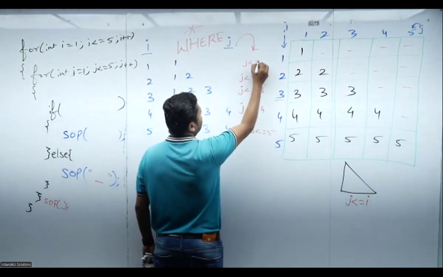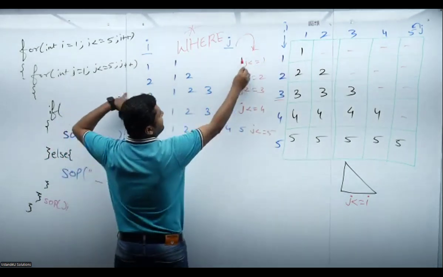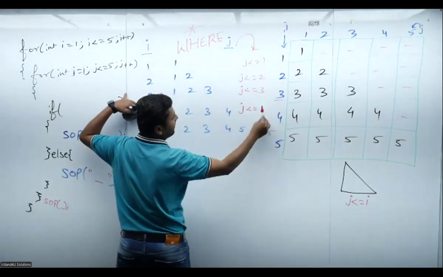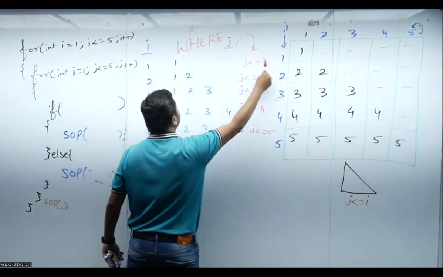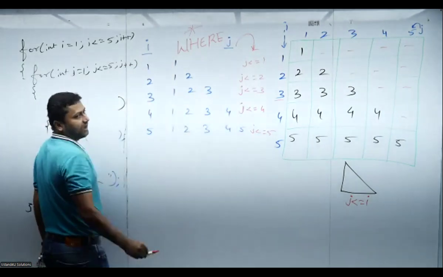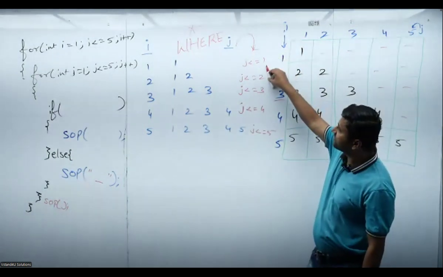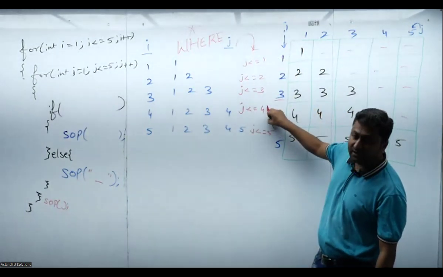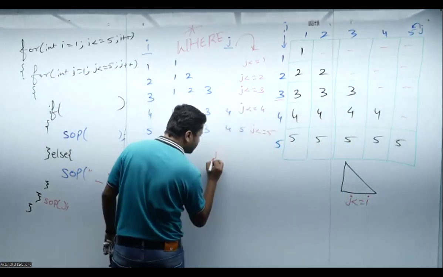If you observe, j is less than or equal to is the same everywhere, but 1, 2, 3, 4, 5 is changing, and this change is in sync with i. Whatever the maximum places wherever j is printed, that value is in sync with the value of i.